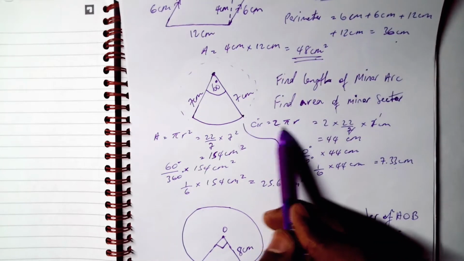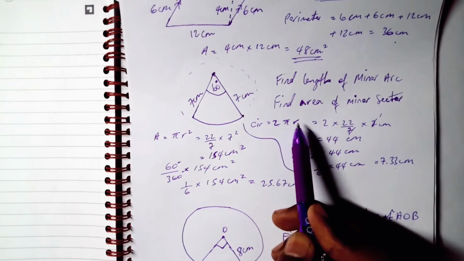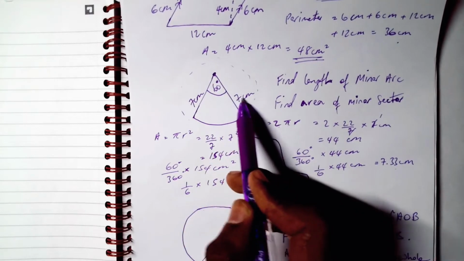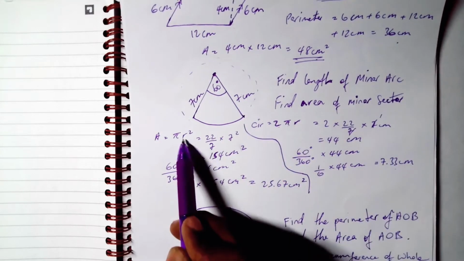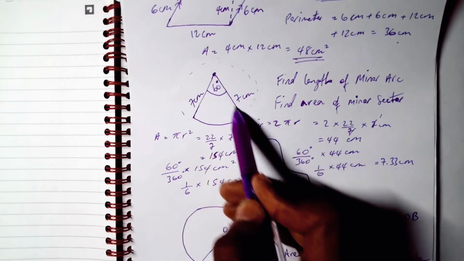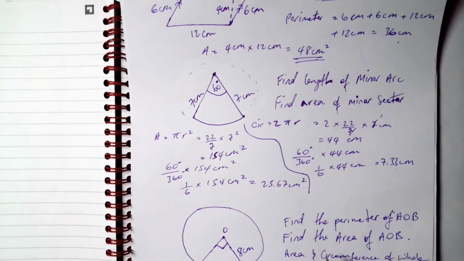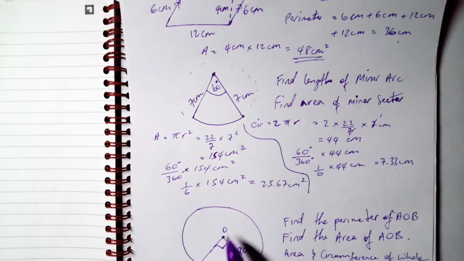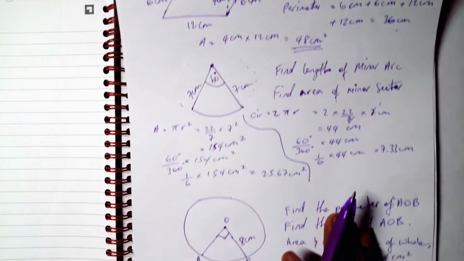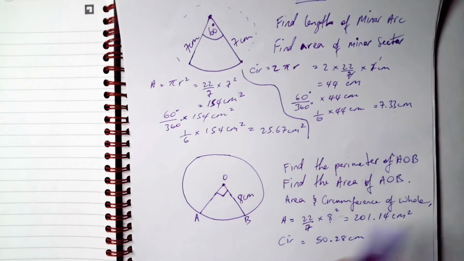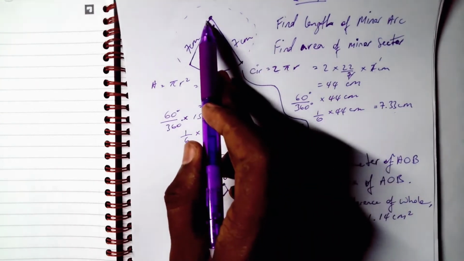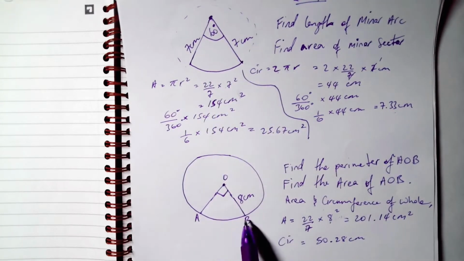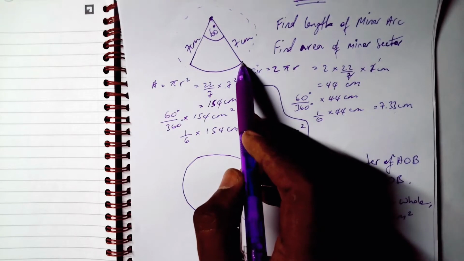That's how we got the circumference to be 2 pi r. R, the length of the radius, is 7. That's why we have 7 here. Similarly here, area, circumference. Area is going to be 22/7 times 8, which is the radius, from the center to the edge of a circle.